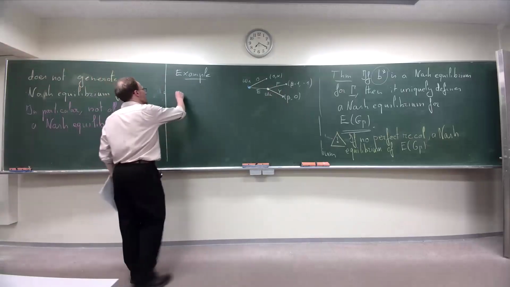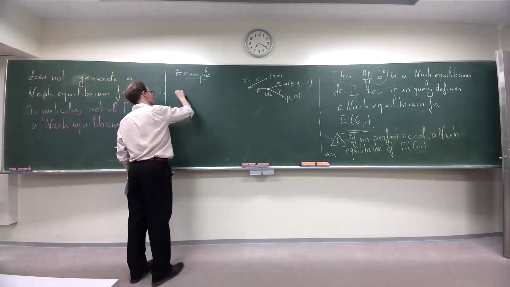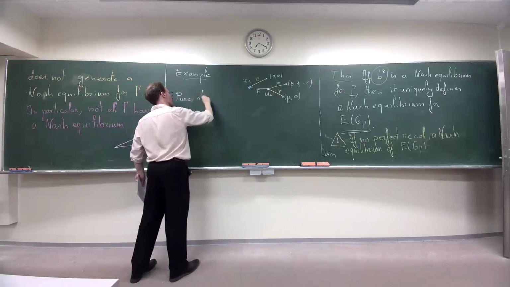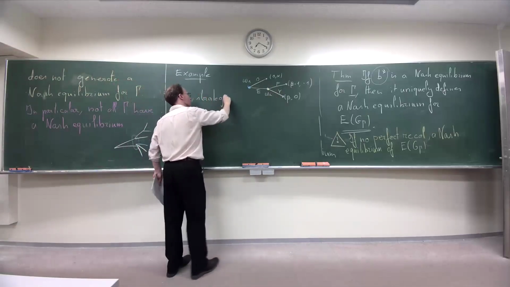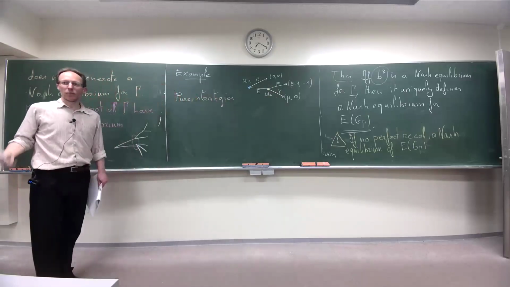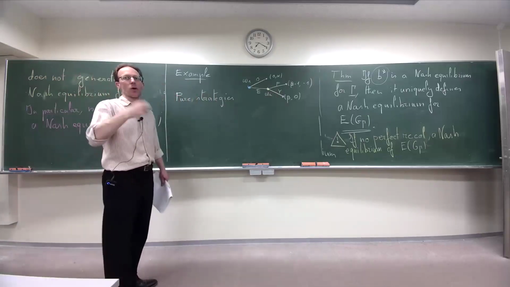So how many pure strategies? I told you, you really need to go through one easy example to really understand what happens. A pure strategy is where you put 0 or 1.